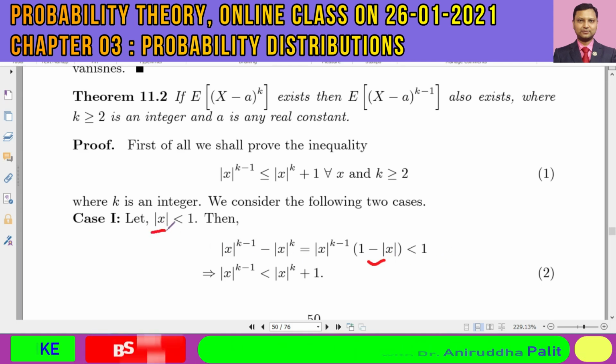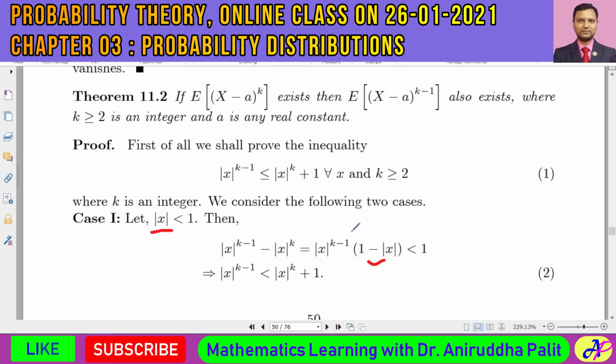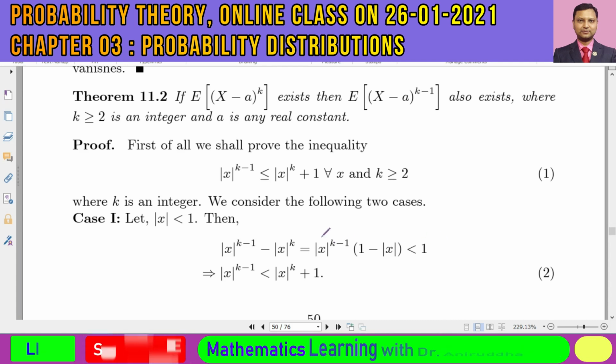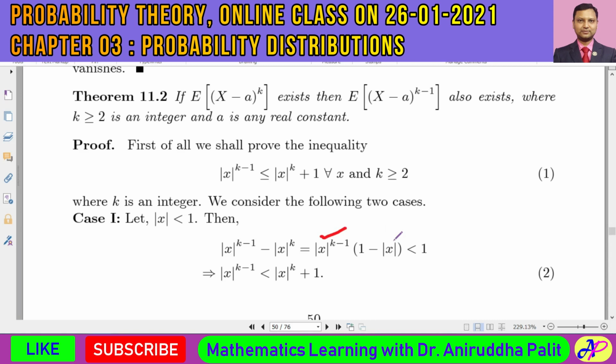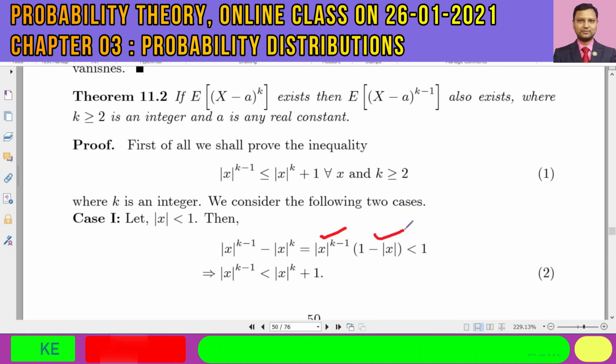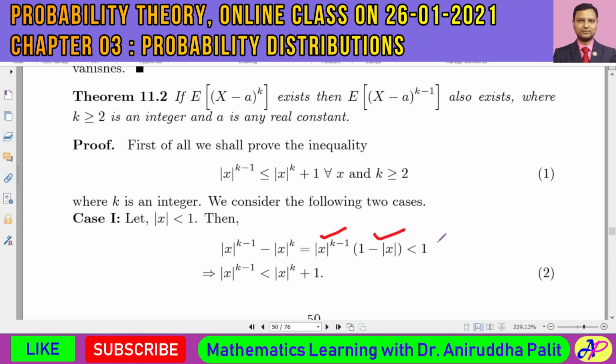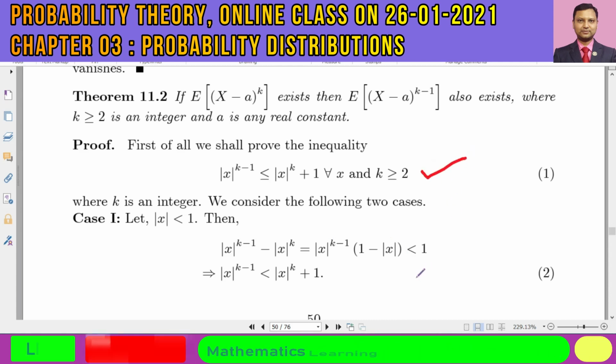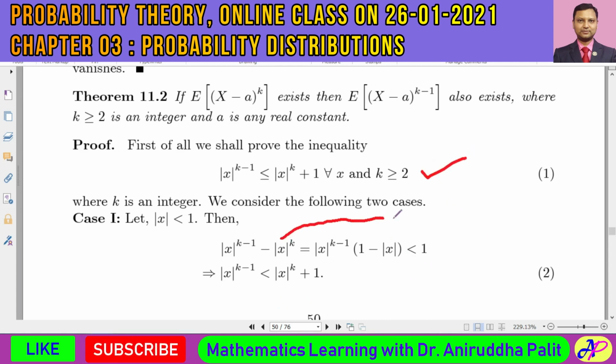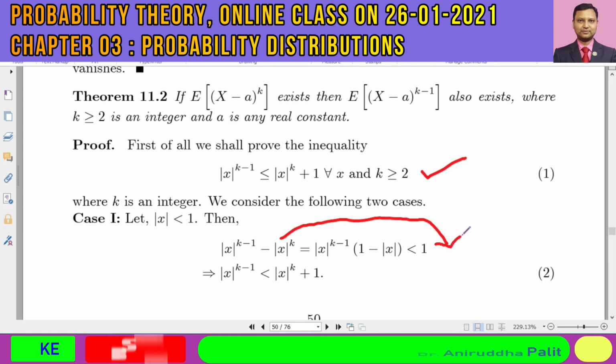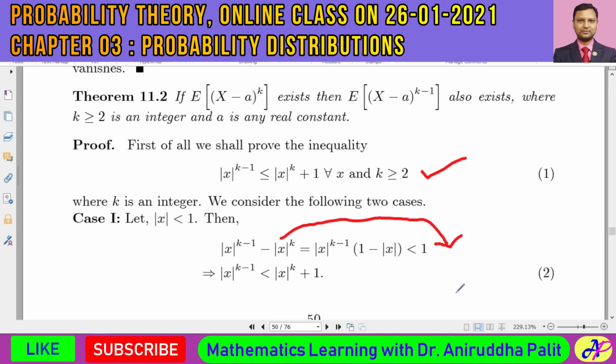And because modulus of x is strictly less than 1, the quantity modulus of x to the power of k minus 1 is also less than 1, and 1 minus modulus of x is also less than 1. So altogether the total quantity is less than 1. Therefore we got this result, that if we now shift this expression to the right hand side, then what do we get?